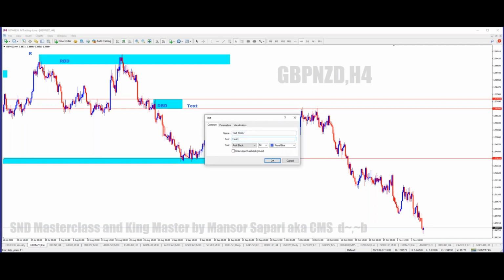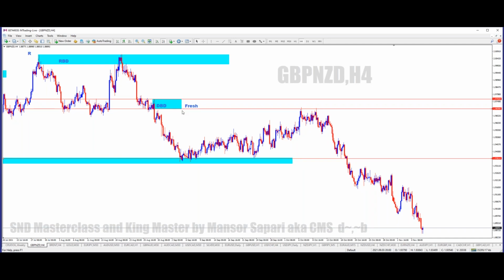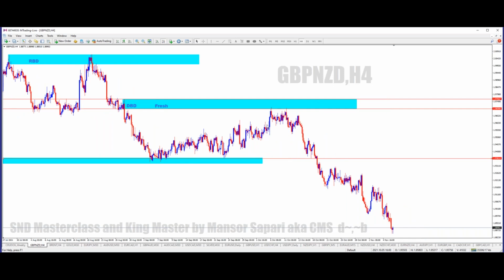It hasn't been touched by any price. The price going up again, now it entered the zone. So it is entering a fresh supply zone. A fresh supply zone is very good to do entry.